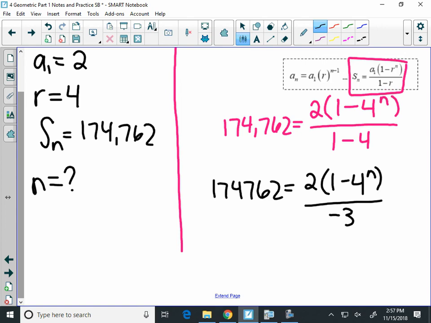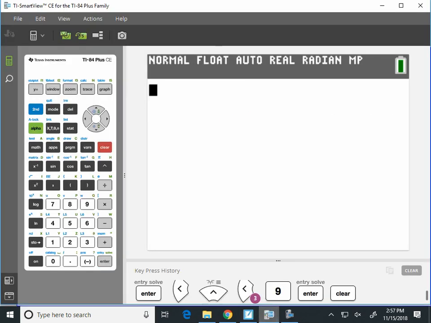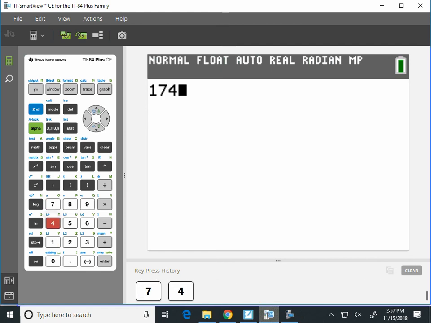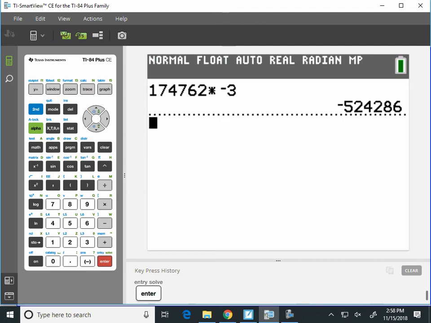Now to solve that, what I think I would do is multiply by negative 3 on both sides. That'll get rid of my denominator. All right, so let's take 174,762 times negative 3.